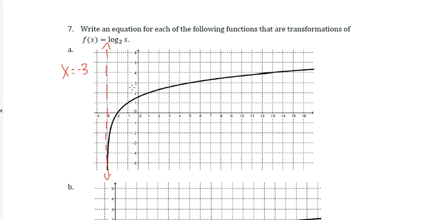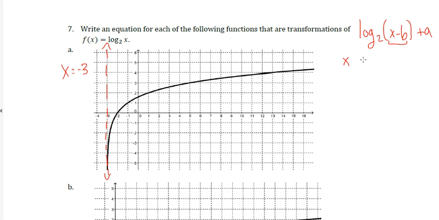So our asymptote is at x equals -3. Now remember that our asymptote makes it so that whatever we have on the inside, this is a little more typical, using minus on the inside as opposed to plus, you want this inside right here to be equal to 0 at -3.